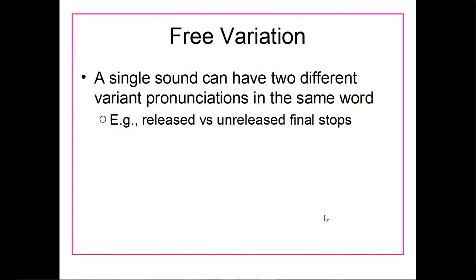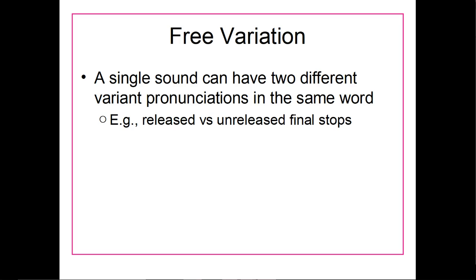So another thing we can see is that sometimes a single sound can have two pronunciations in the same word. So this is kind of where allophones don't necessarily have a pattern, but we will have different sounds depending on who's talking.